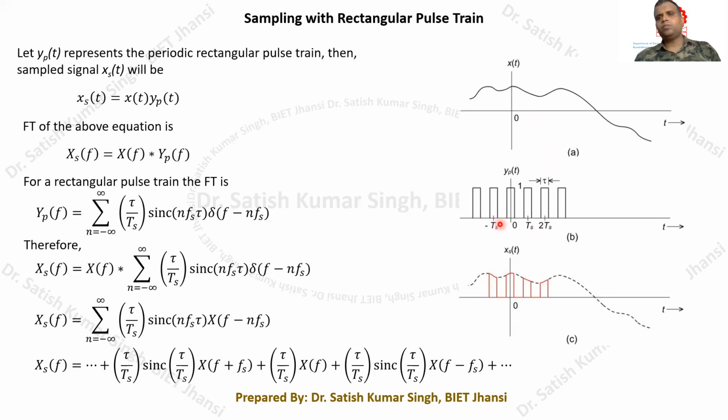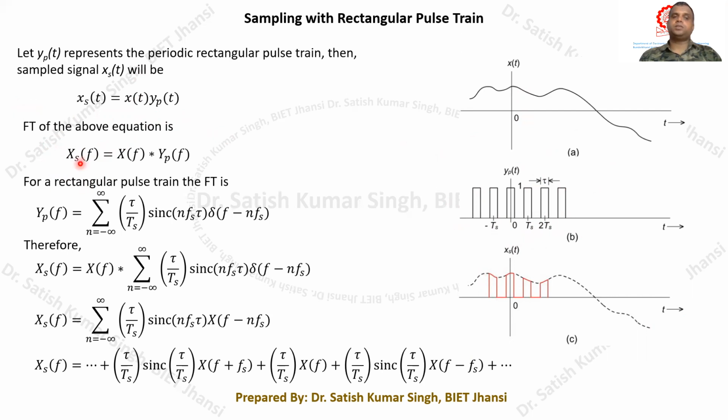Now let us suppose we want to perform the sampling using this rectangular pulse train. What we have to do is multiply these two signals, x(t) multiplied with this finite pulse train. Again you can go for the Fourier transform of the above equation.